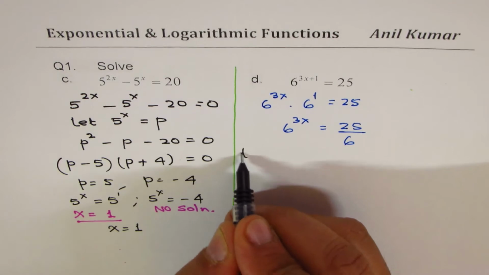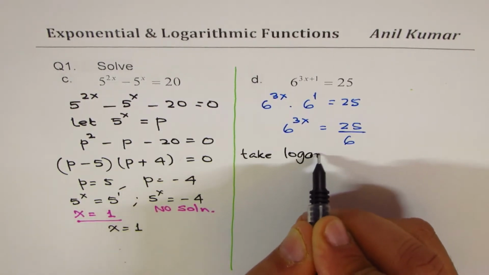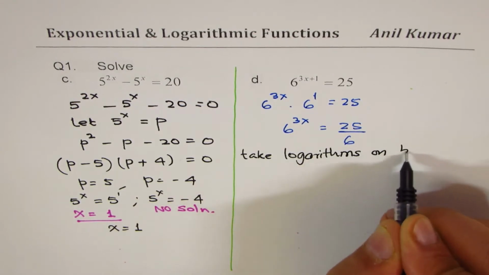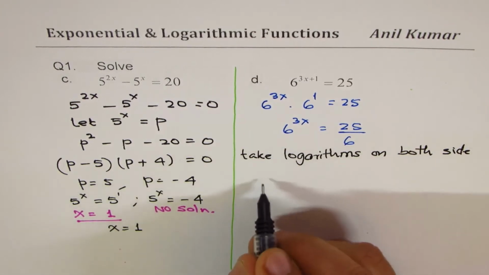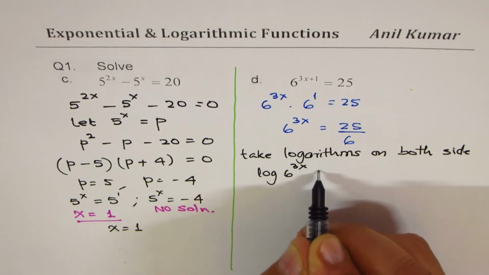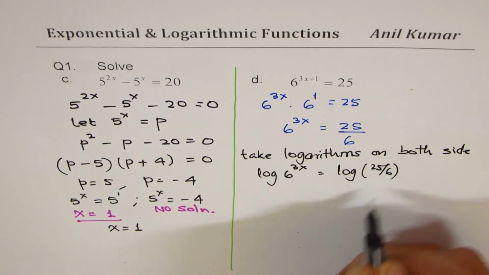So we need to take log on both sides to solve it further. Now this is a very critical step. So we say log of 6 to the power of 3x equals log of 25 over 6.